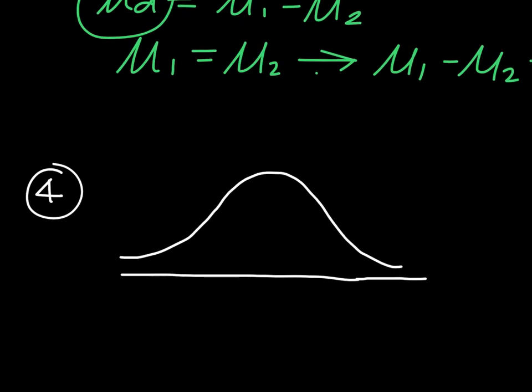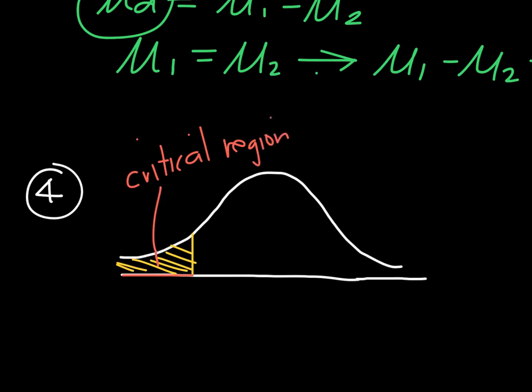So we go to our step number 4, make that diagram. So we have on the left, this is our critical region, which is also our region of rejection, or rejection region.